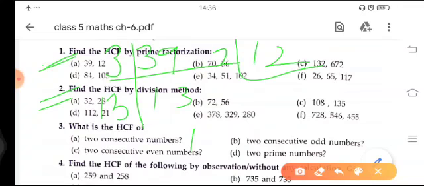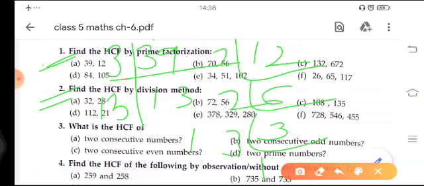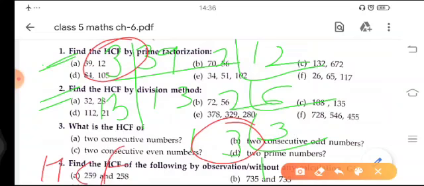First we divide by 2, we get 6. 2 threes are 6, 3 ones are 3. Now we can see that in both divisions there is a common number, and that is 3, right? The other numbers are not common, so the HCF will be 3. In this method you have to find the prime factorization for the rest of this question.